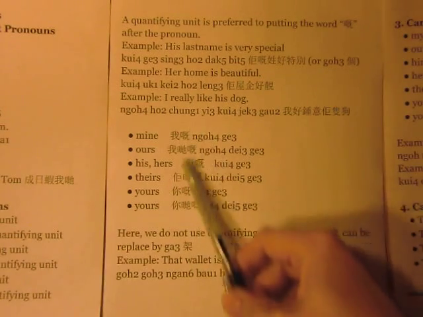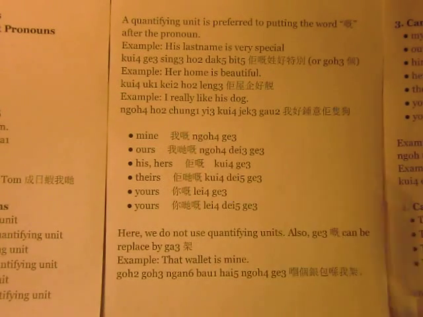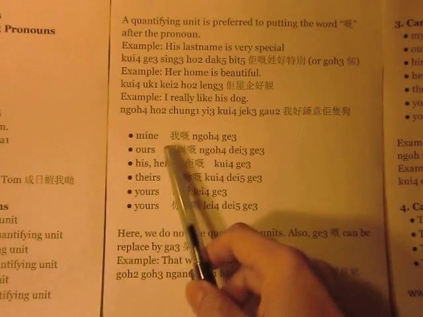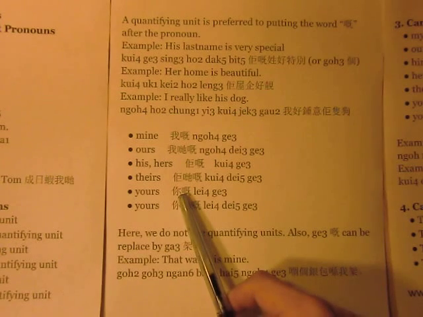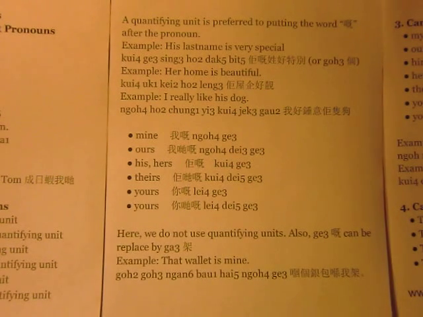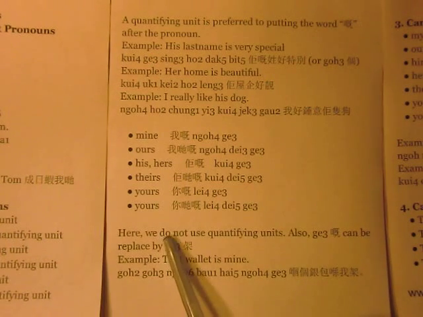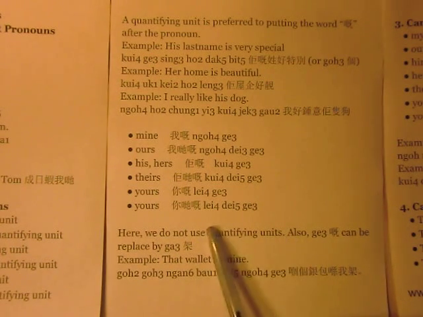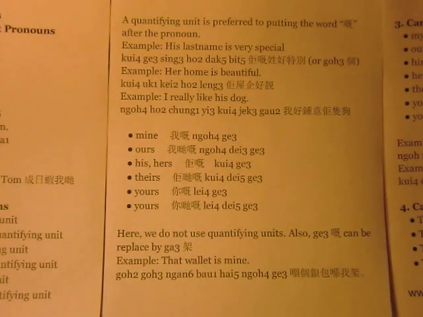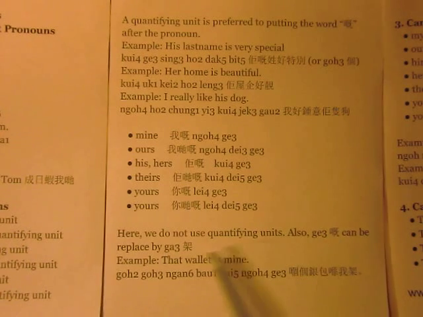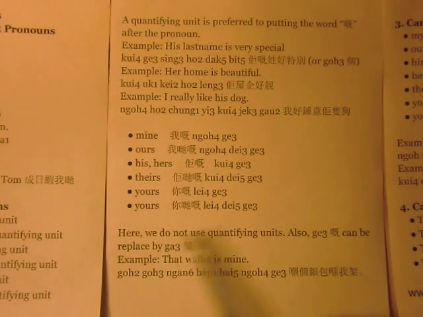So everything has a ge. 我嘅, 我哋嘅, 佢嘅, 佢哋嘅, 你嘅, 你哋嘅. We add ge to the end of the subject or object pronoun, which in this case is the same. Here we do not use quantifying units, as I've said, and ge sometimes can be replaced by ga. I noticed that the tone of ge and ga are the same, except the pronunciation is different.